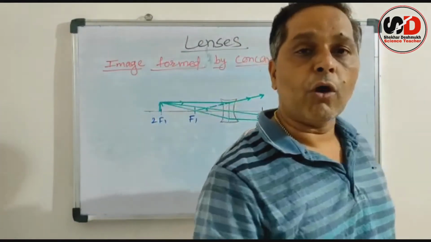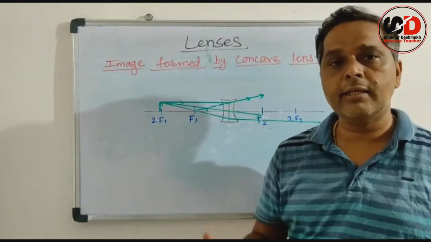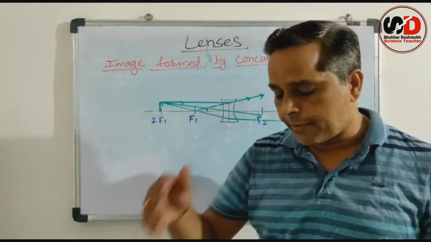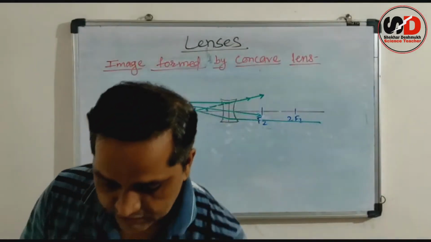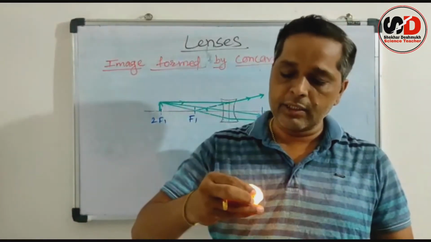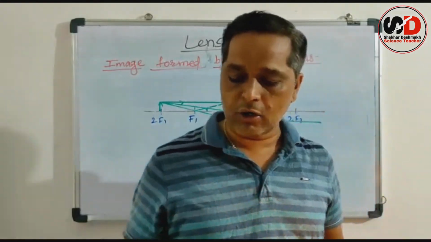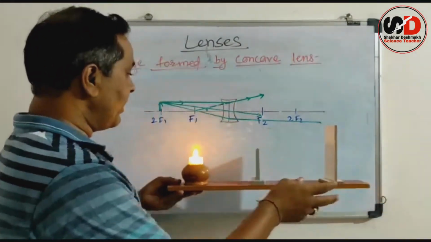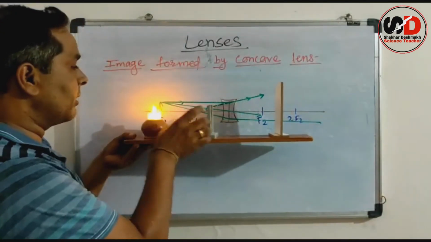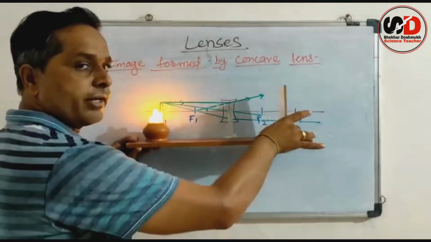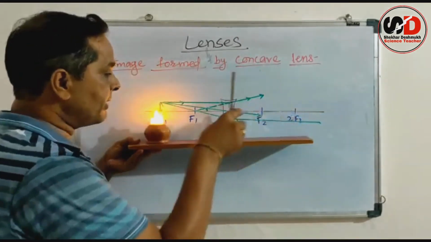In case of a convex lens, we have seen practically where the image is formed. Let us see whether the image can be taken on a screen or not. Look, in this way, if we take the object here and the lens is here, we cannot get the image anywhere here. The image is here.